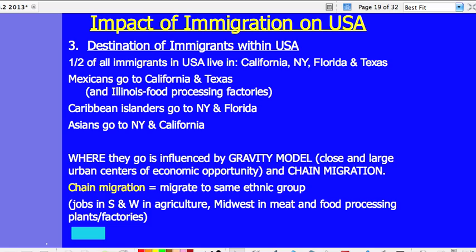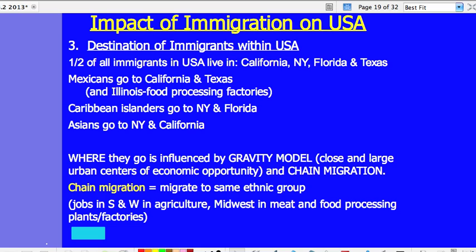So, destination of immigrants within the United States. Half of all immigrants in the United States live in California, New York, Florida, and Texas. Mexicans often go to California and Texas, but also Illinois, to work in the food processing factories.